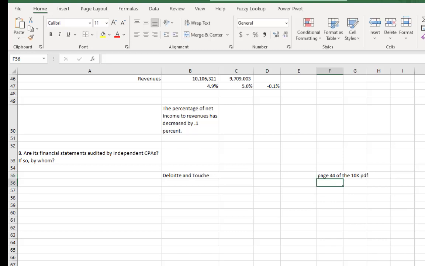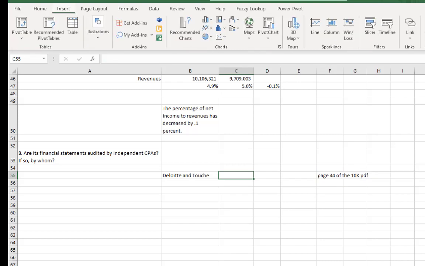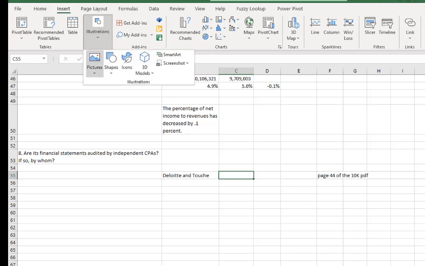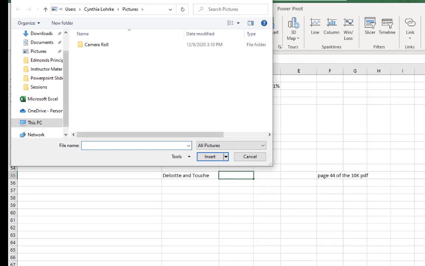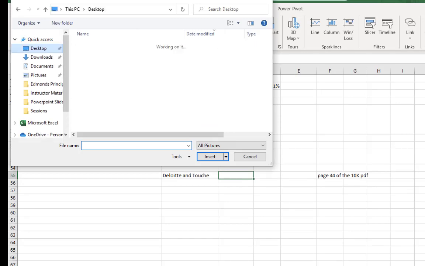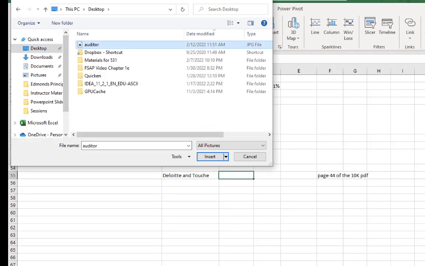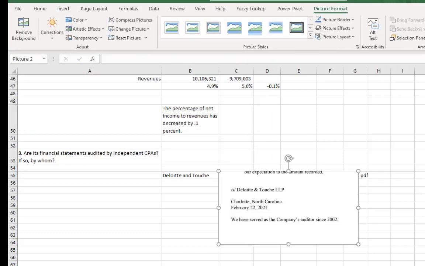And right here, I'm going to show my evidence. So I'm going to insert a picture. It's from this device. So I'm going to browse for it. It's on my desktop, so I'm going to just go get it. And it's under Auditor. I'm going to double click. And there it goes.